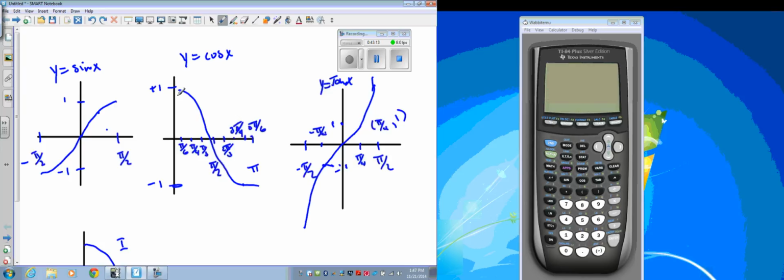And all the values between plus 1 and minus 1 are going to be associated with values between 0 and pi, or 0 and 180 degrees. And all the values between 1 and minus 1 are going to have associated values between minus pi over 2 and pi over 2, or minus 90 and plus 90.